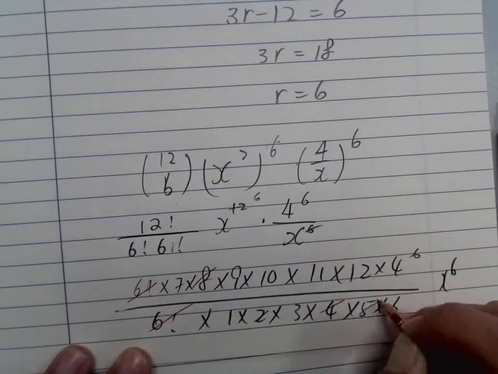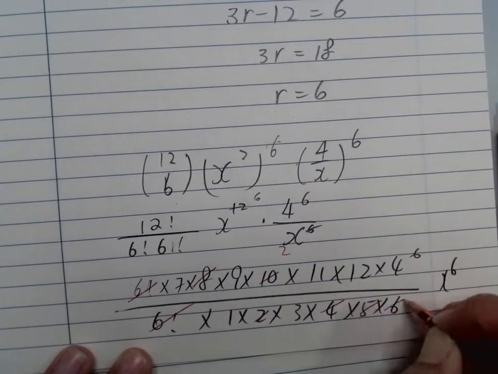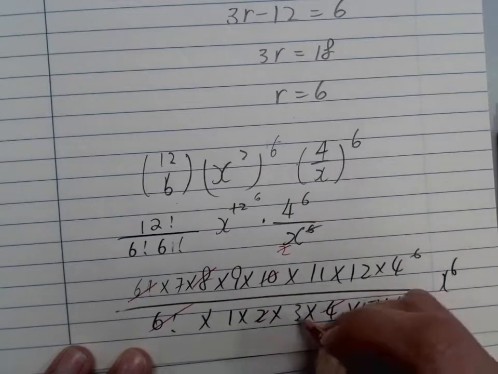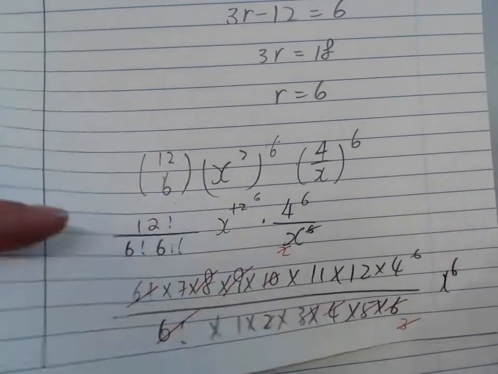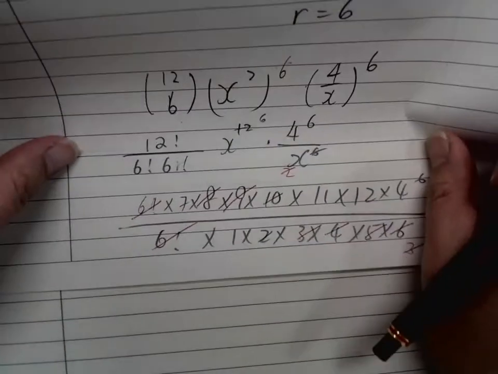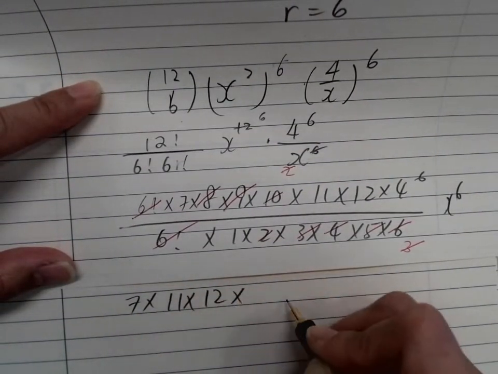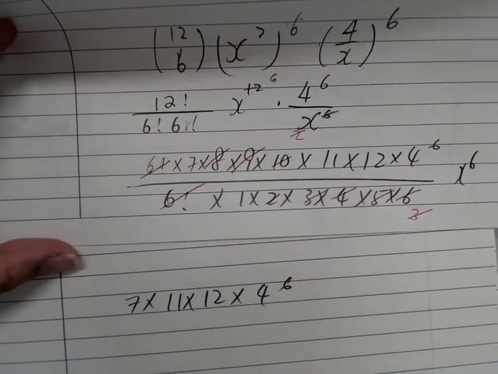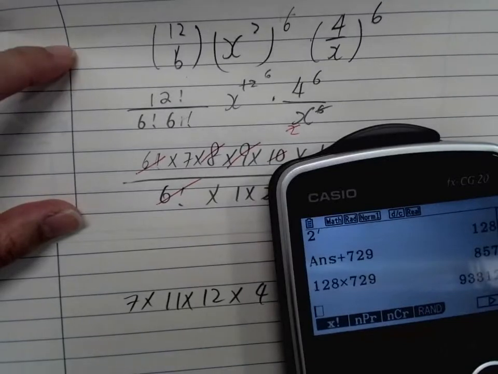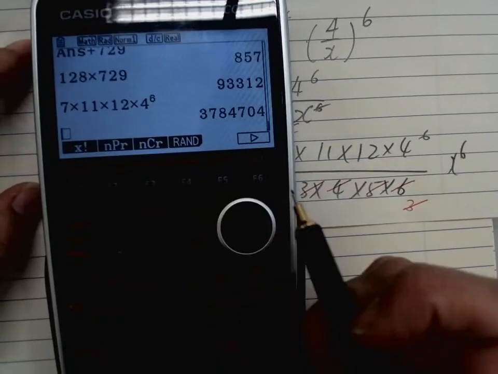Afterwards, we will get 7 times 11 times 12 times 4 to the power 6 there. Wow, and I'm going to use the calculator for that one. Sorry, I just made up that question. And the answer is that one.